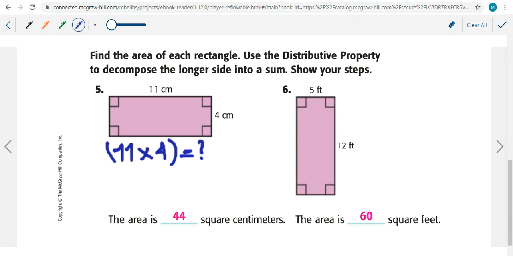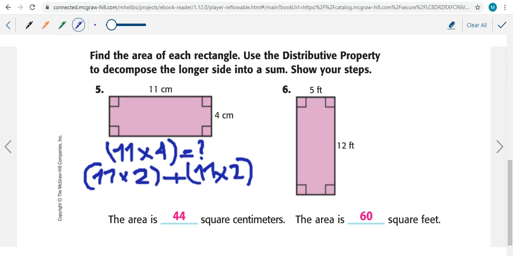Now, we can decompose the first number or the second number. It doesn't matter. The answer always has to be the same. So, let's decompose 4 as 2 plus 2, so 11 times 2 plus 11 times 2.